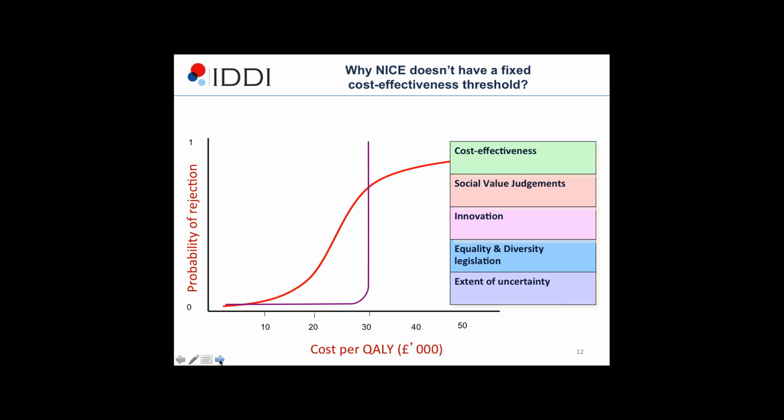And then finally, and this is a very key issue, is the degree of uncertainty around what might be your ICER. And for those of you who are on the call and comfortable with it, what we might call the confidence interval around that ICER. And obviously, the more uncertain we are about that ICER, the less willing we might be to accept a high ICER when we're funding technologies.